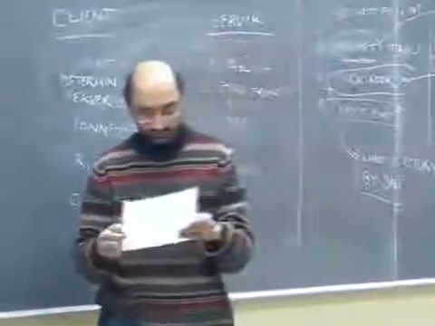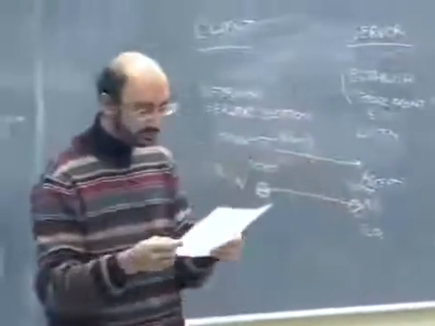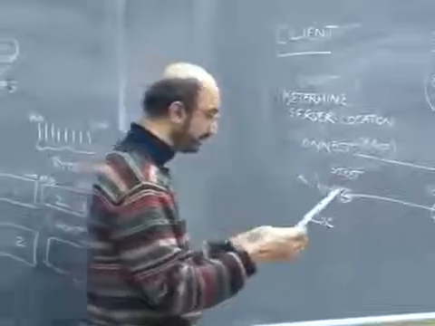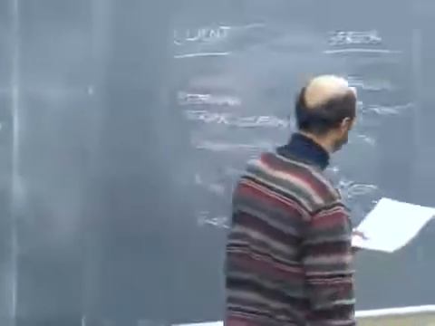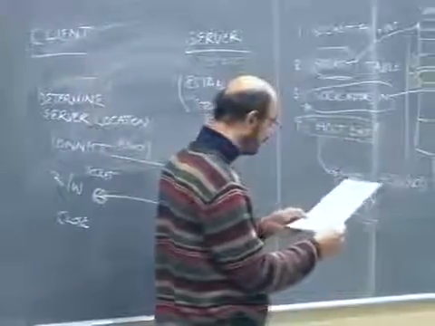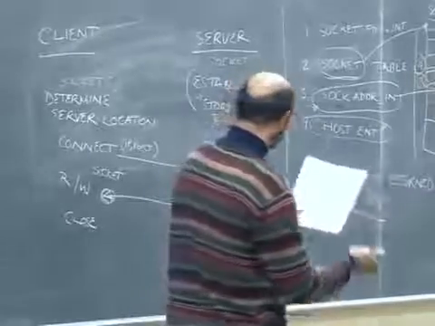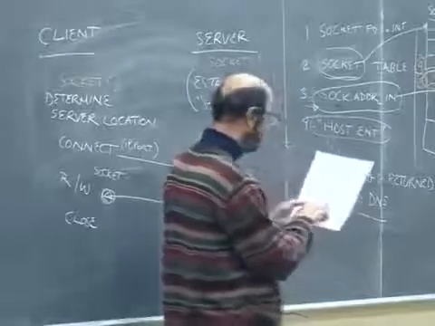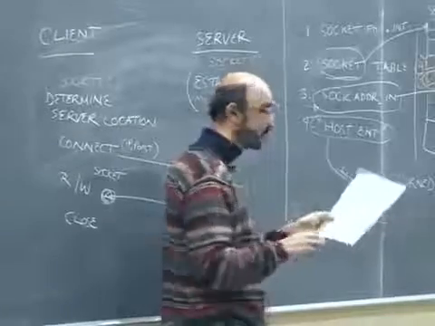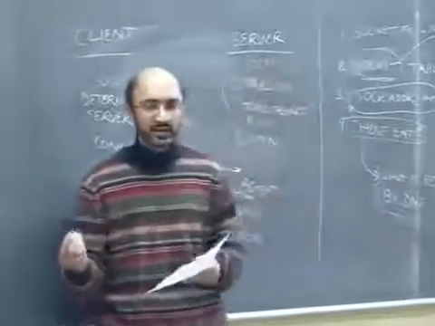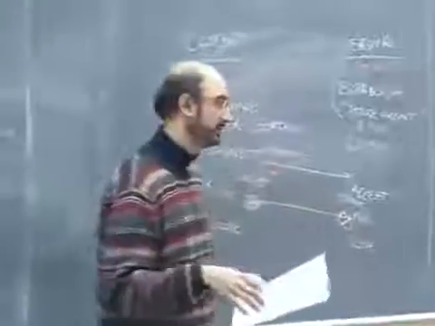Okay, and then what we do at this point is we zero out the server address. We set the address family to be AF_INET, and this bcopy over here, where you're copying from server->h_addr to serv_addr.sin_addr.s_addr. This copy is essentially copying the IP address into the socket.